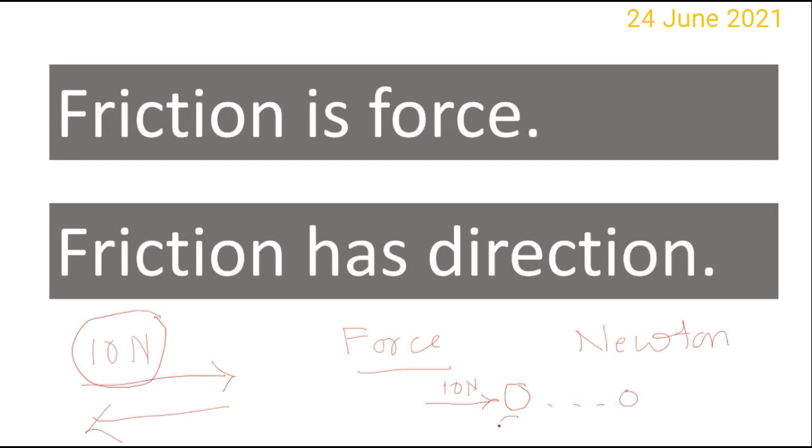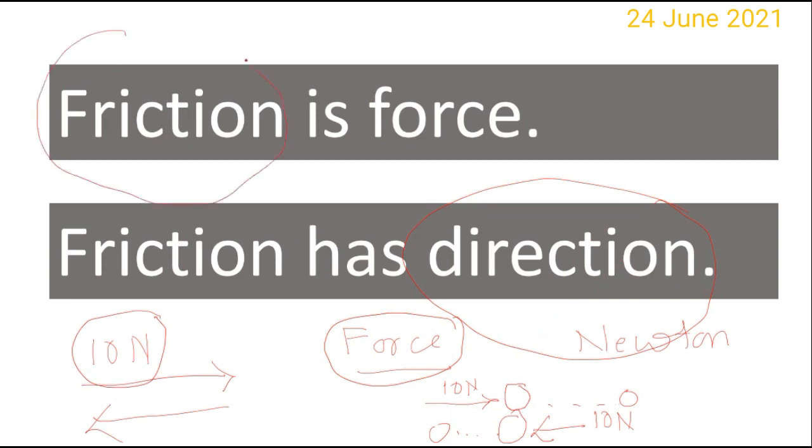In the same way, if you apply force in opposite direction, same 10 newtons, the body may displace here. That's why we have to be particular that when we refer force, we have to have the direction. Every type of force comes with a direction, and therefore since friction is a force, therefore friction also has some specific direction.